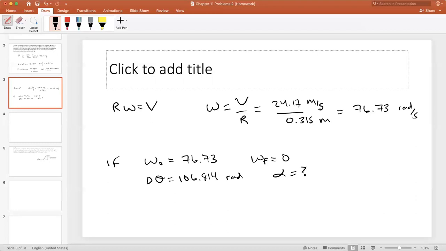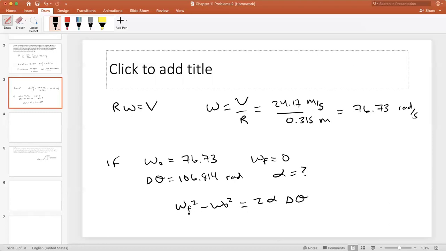And it should be obvious looking at this that we're going to use our constant angular acceleration equations. Specifically, we have the final angular velocity squared minus the initial angular velocity squared is equal to 2 times alpha times the change of angle.